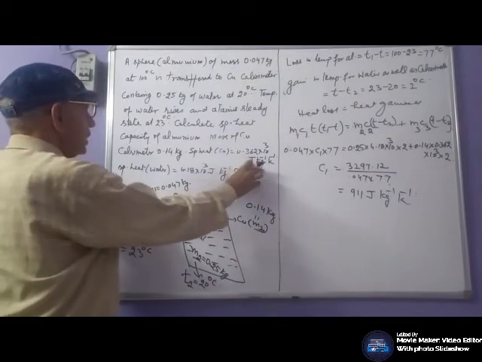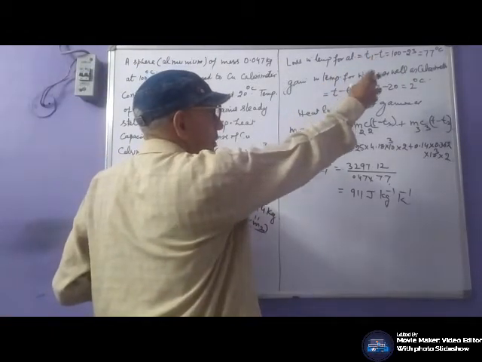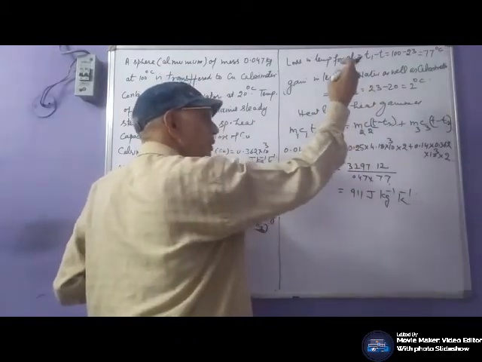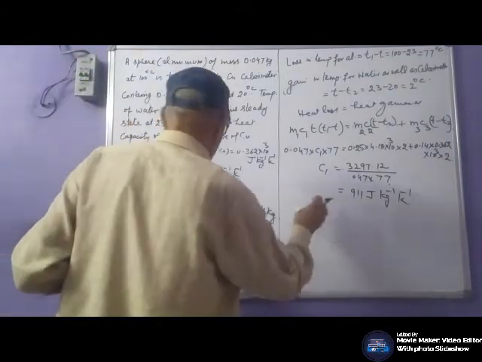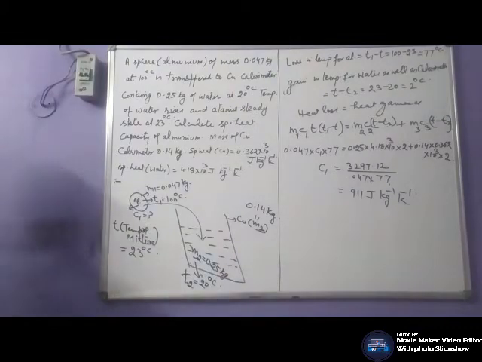Rise in temperature or fall in temperature is in degree Celsius inverse or Kelvin inverse, the same, whether it is in CGS or in Kelvin. So this is C1, specific heat of aluminium.